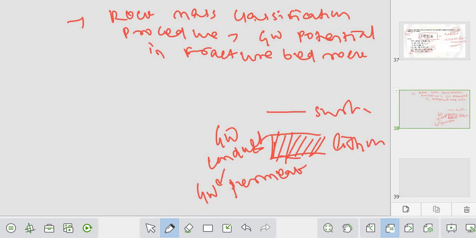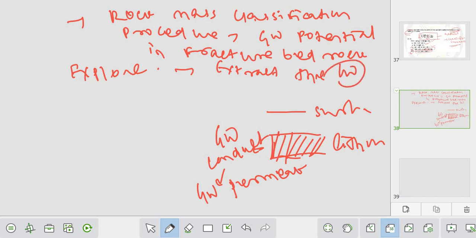So that is called the groundwater potential in fractured bedrock. Okay, so that we can explore that particular part and extract the groundwater.